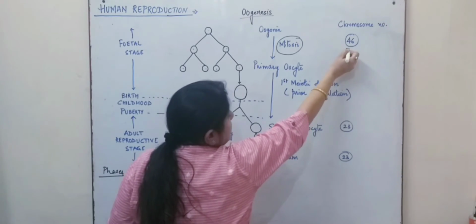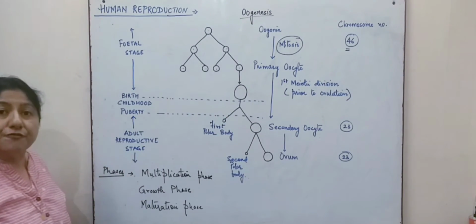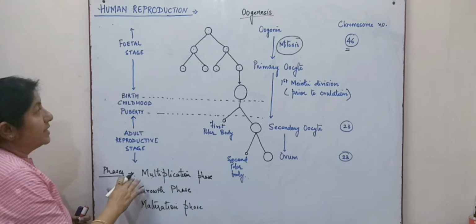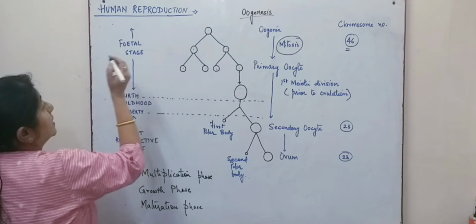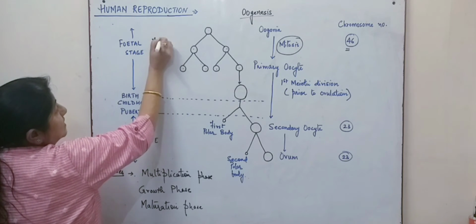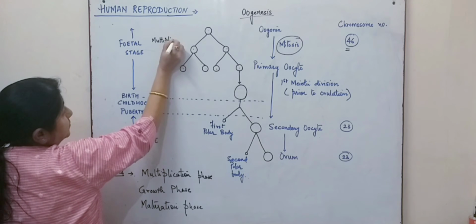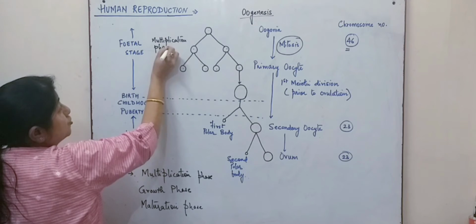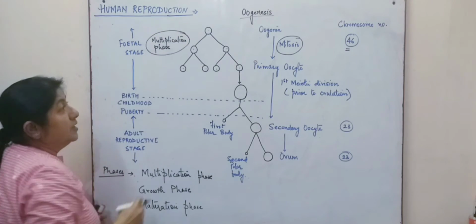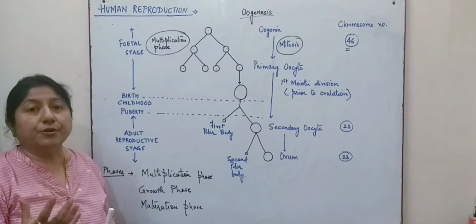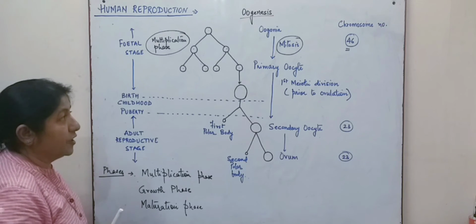As a result, the number of chromosomes is 46. There is no change in the number of chromosomes, and this is the multiplication phase, because it is only an increase in the number of the primary follicles.